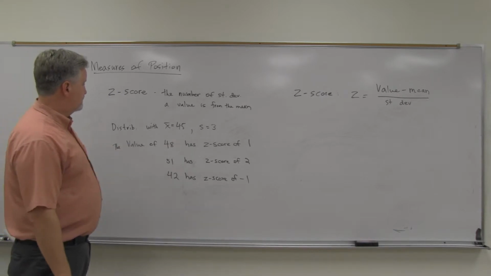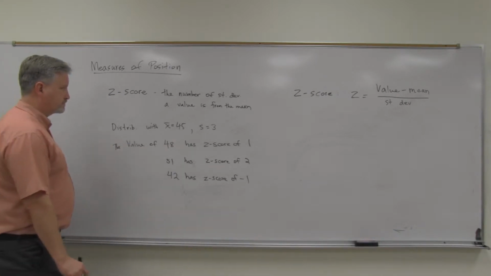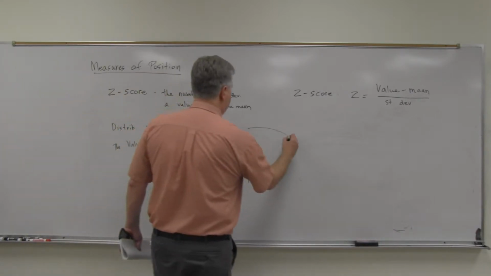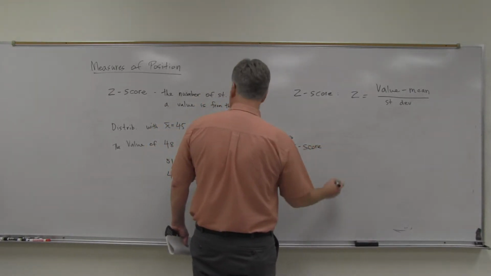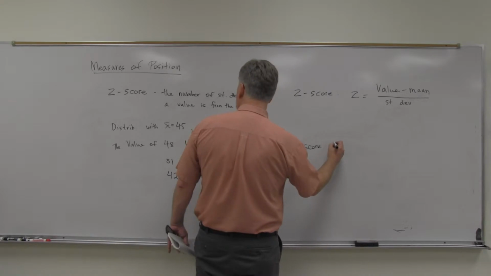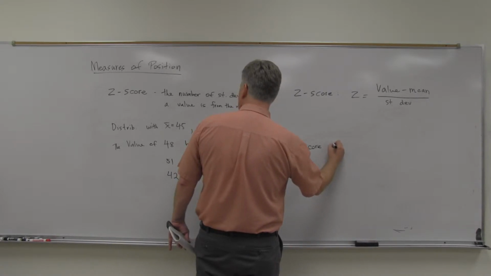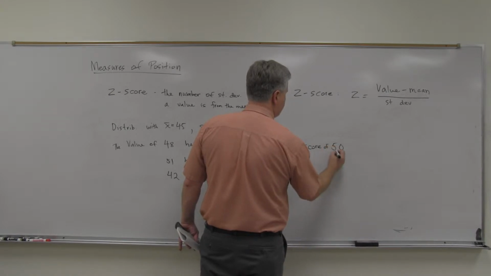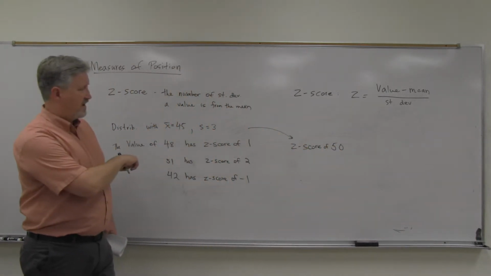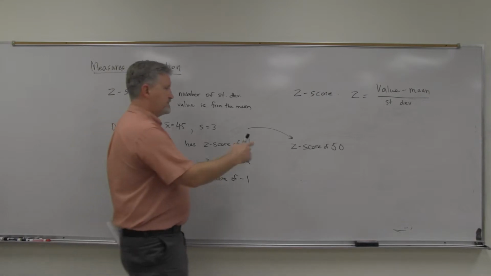Okay, so back to our example here then. What would be the z-score of, let's just make it 50? So we've got a mean of 45, standard deviation is 3. What's the z-score of 50?